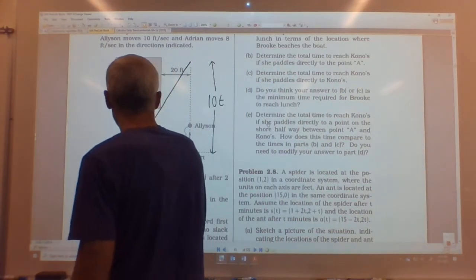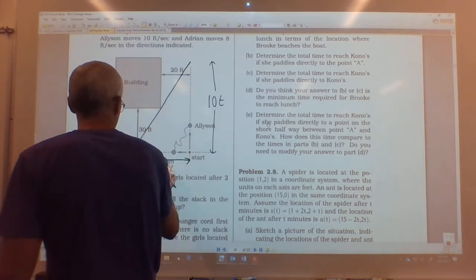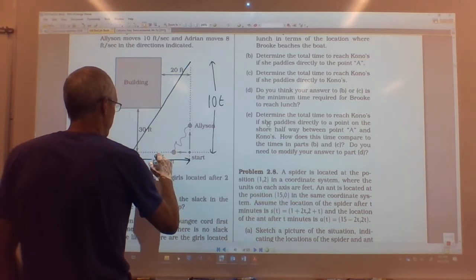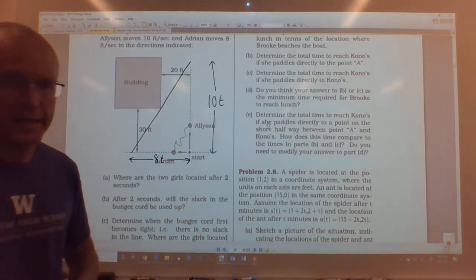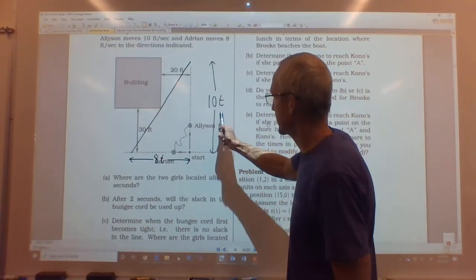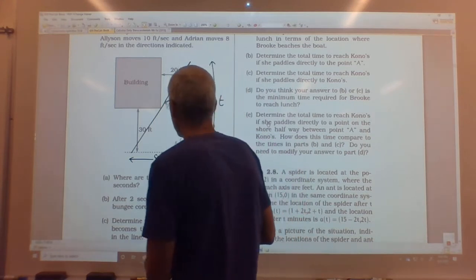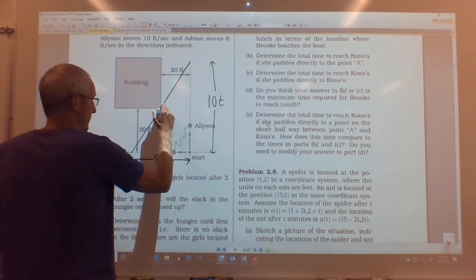And then Adrian goes this distance here, which is 8t, the whole triangle. Okay, so that is one triangle. We have a big triangle here. One side is 10t, one side is 8t. Now let's draw a smaller triangle. And there's two we can draw. We can draw this one.